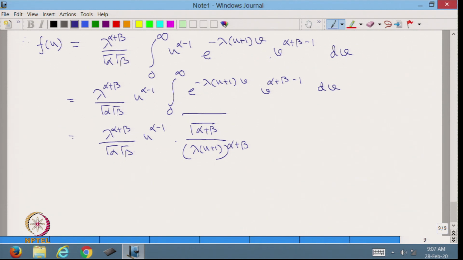This is because this is our gamma integration, and this result we have seen many times.